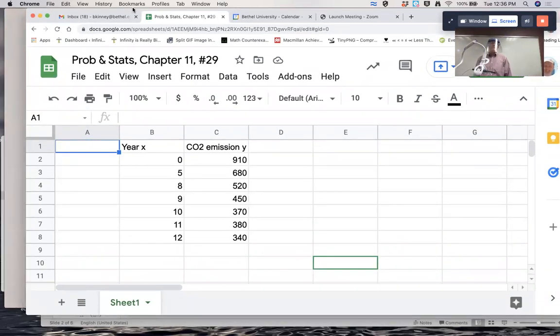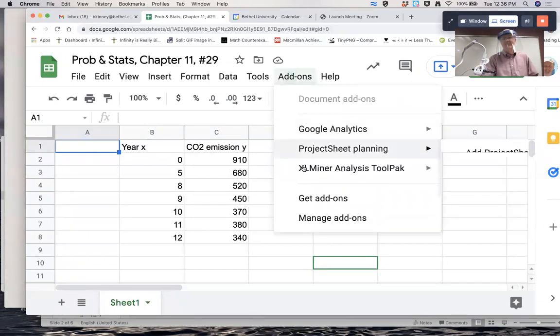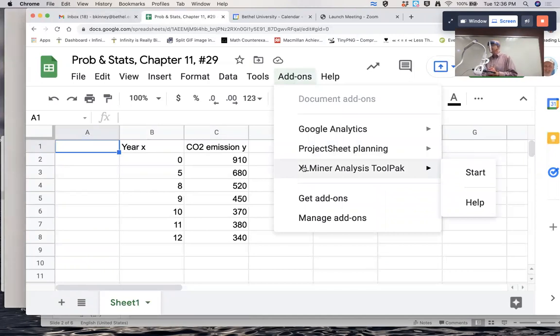To set up your Excel on a PC or Google Sheets on a Mac to do regression analysis, there's a number of things you can do. What I'm used to doing, though it may not be best, is to use a certain add-on called XLMiner Analysis Toolpak, which is not necessarily in your spreadsheet by default. And I know it's not on Google Sheets. I've got it here on my Google Sheets account because I've added it.